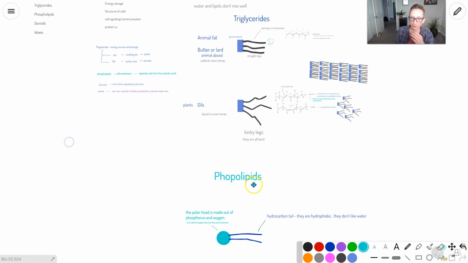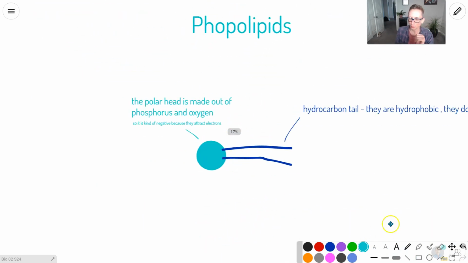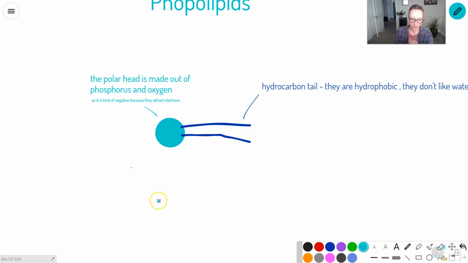So this phospholipid, it's got two different personalities. It's got a polar side, and a non-polar side. Amphipathic is the term for that.